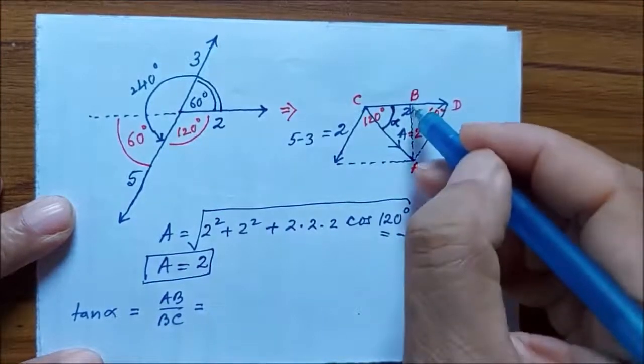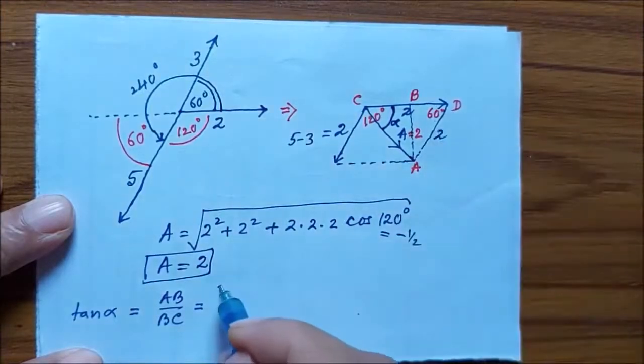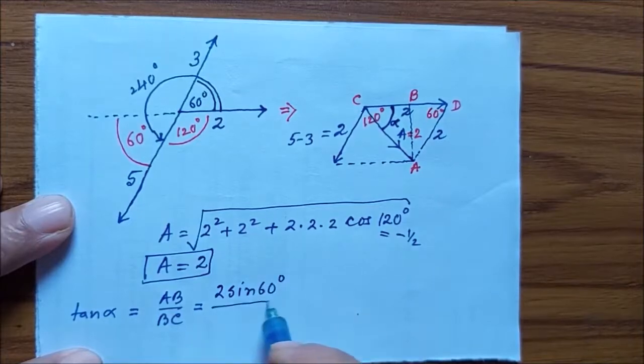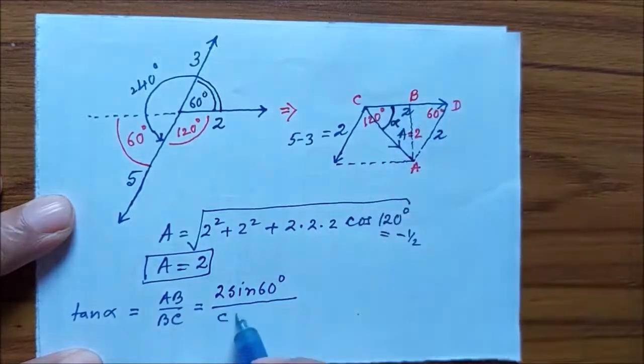Therefore, AB is twice of sine 60 degrees. And BC is CD minus BD.